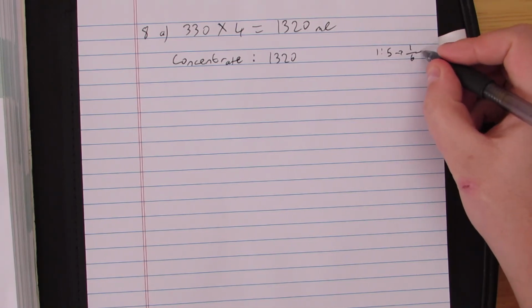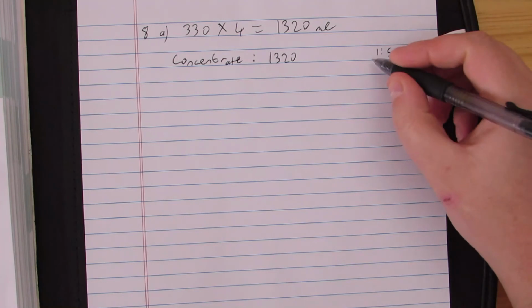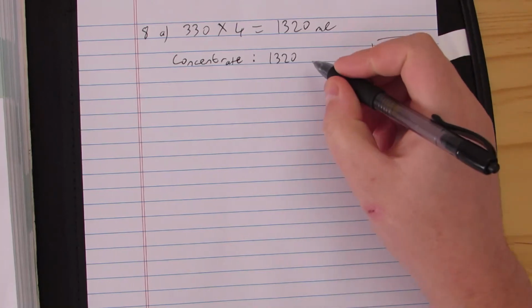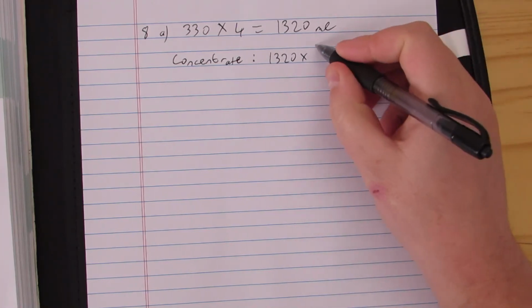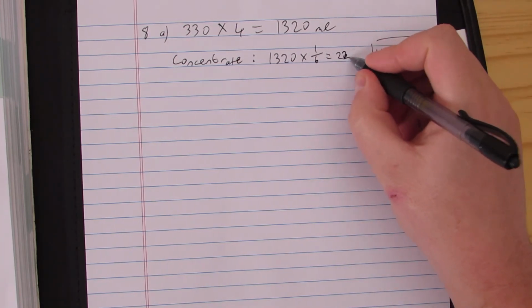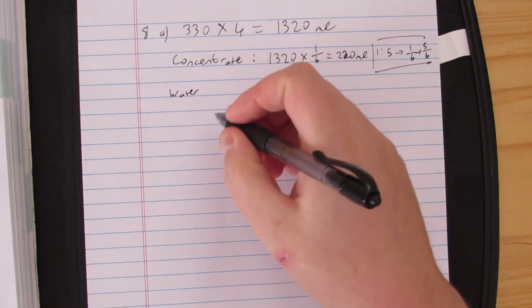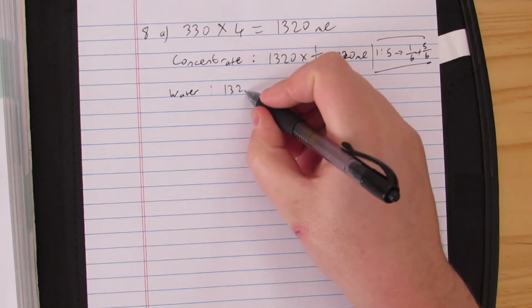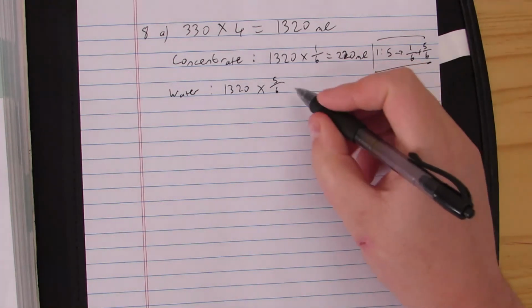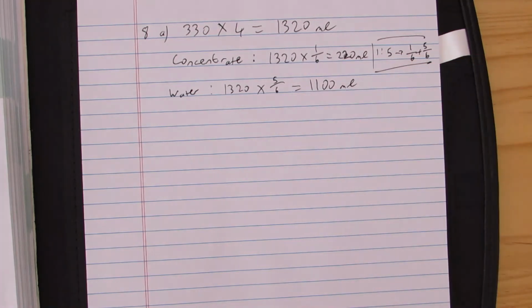So it's 1 over 6 and 5 over 6. You add those two numbers together to get that ratio. Just keep that in mind. So if I multiply that by my 1 part in 6, I'm going to have 220 milliliters. With the water, we're going to be using 1,320 times 5 over 6, because 5 parts there, and that's going to give me 1,100 milliliters of water.